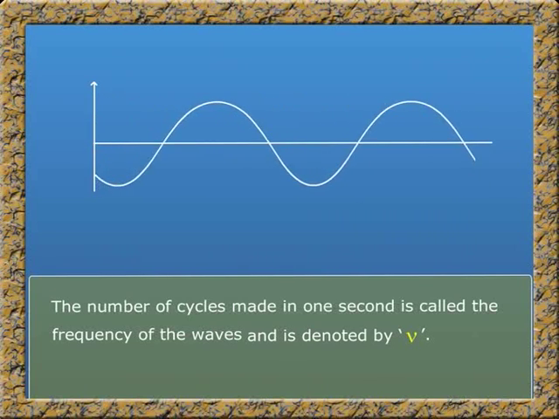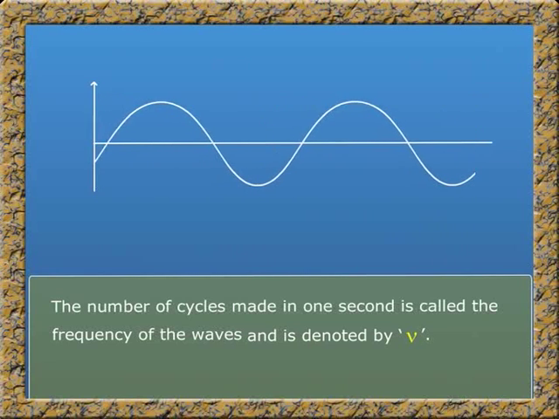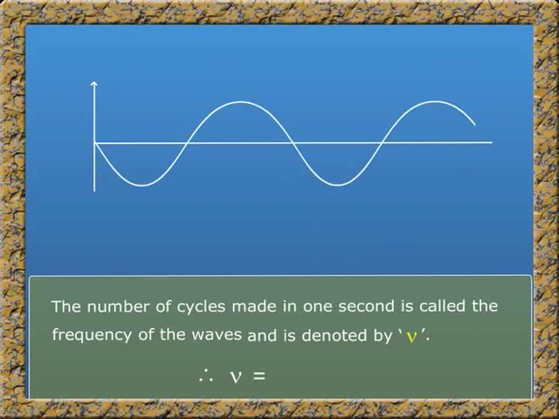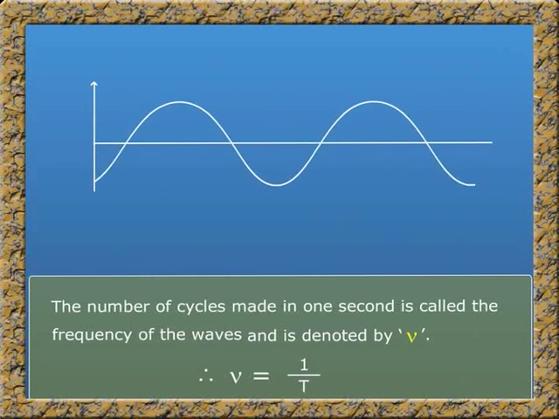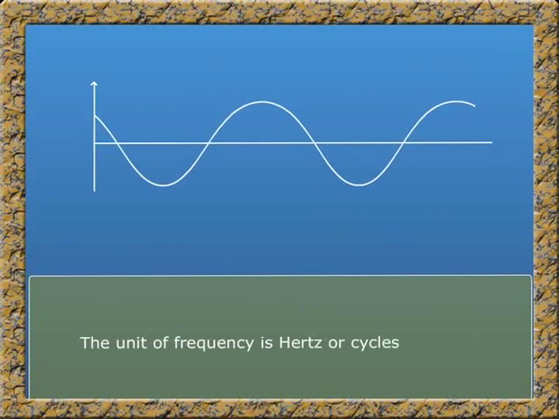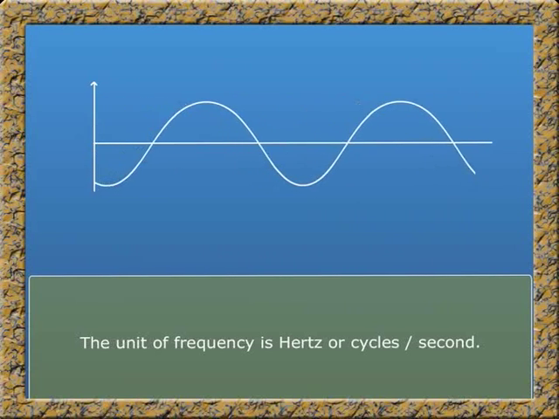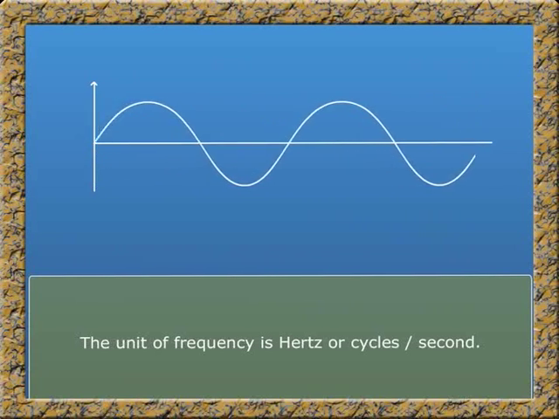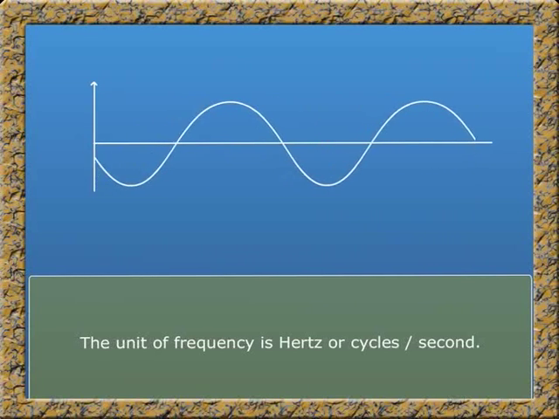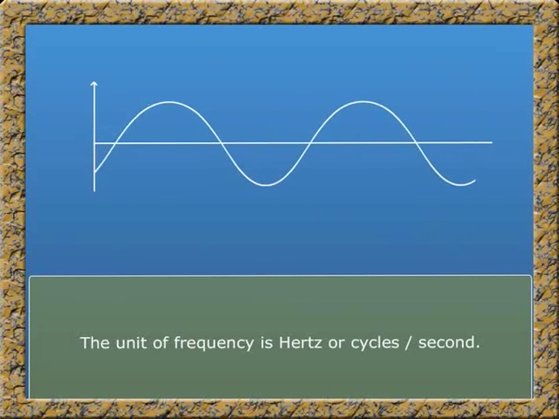Thus, the frequency gives the number of waves produced in unit time. Therefore, nu is equal to 1 by T. The unit of frequency is hertz or cycles per second. If 20 cycles are produced in 1 second, the frequency is said to be 20 hertz.